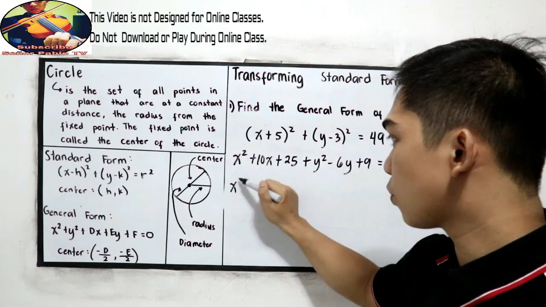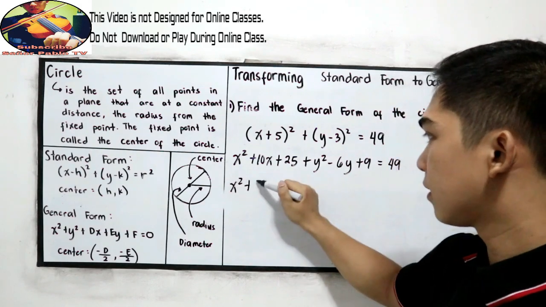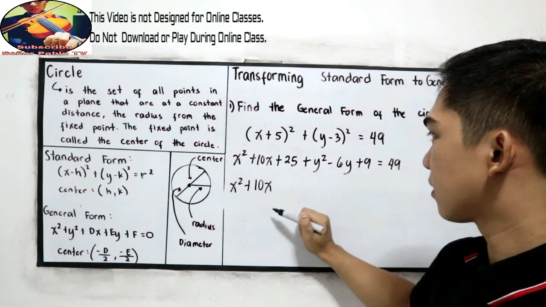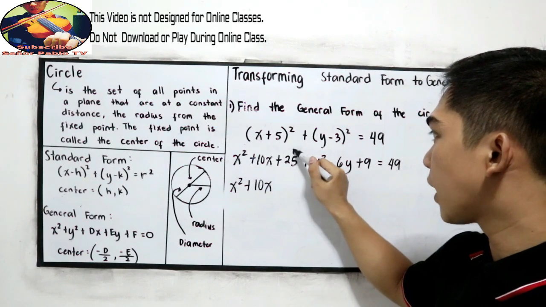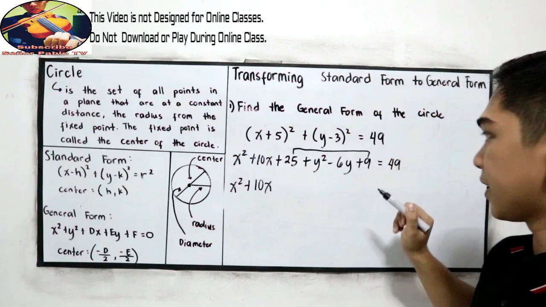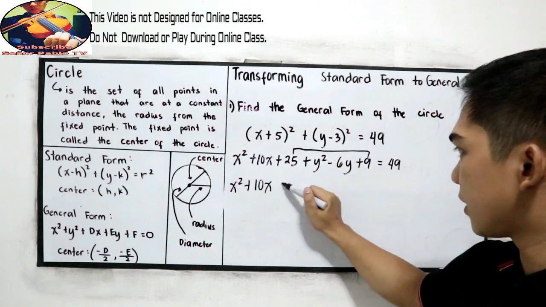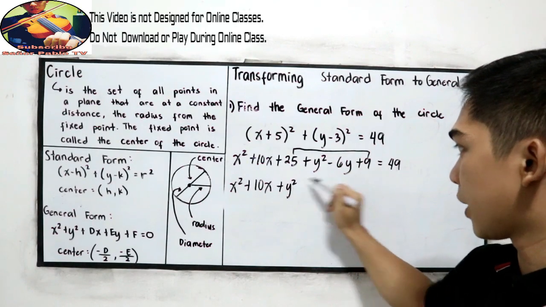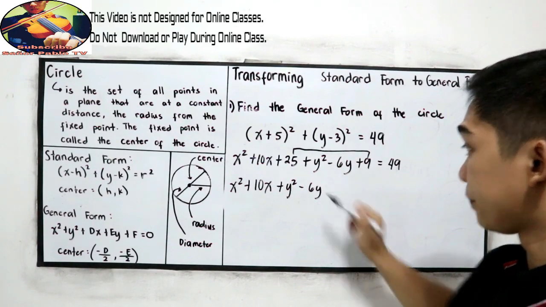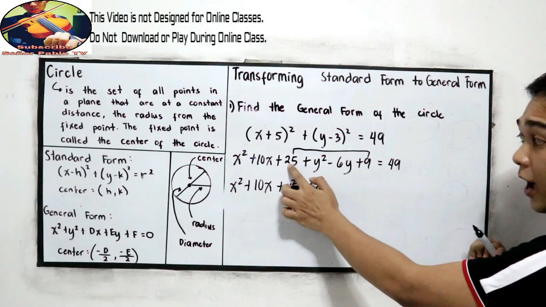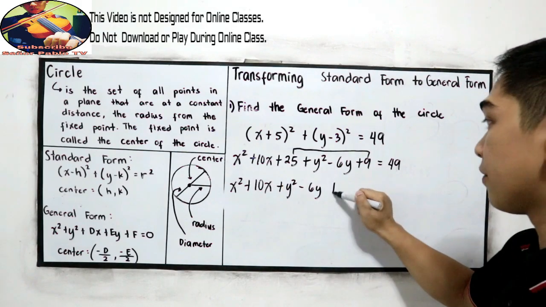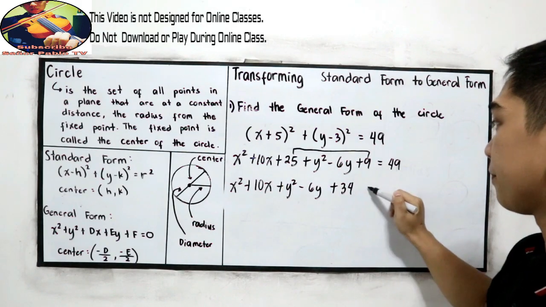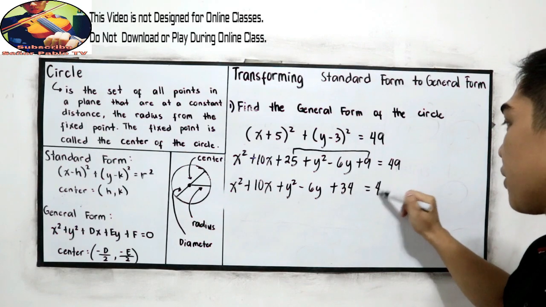So, x squared plus 10x. We can combine 25 and 9 here. So, let's just copy first. Plus y squared minus 6y. 25 plus 9, that will give us 34. Is equal to 49.